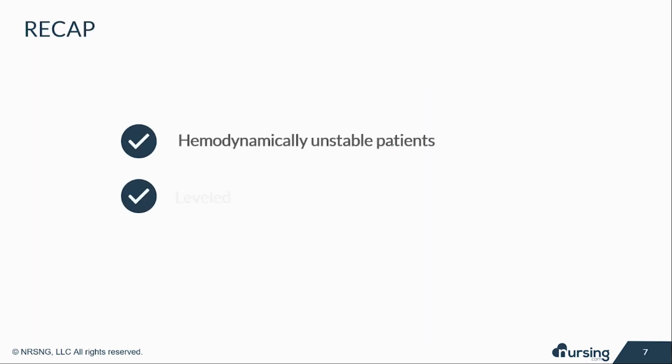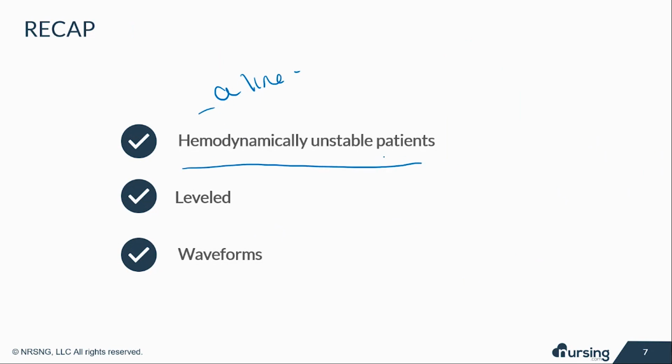So a little bit of a recap. Art lines are usually in hemodynamically unstable patients. Not everybody gets one. It's usually somebody who's on pressors, or you have to monitor their blood pressure closely. You have to make sure that it's leveled, because that way you get accurate readings. You don't want that transducer to be too high or too low.